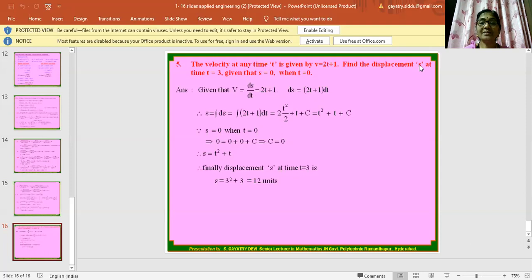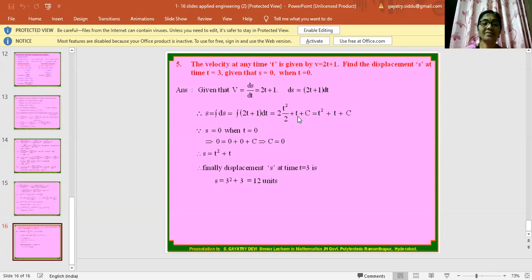You require s, but you have in hand the derivative of s. Because integration is the reverse process of derivatives, you can remove the d by integrating. So capital S equal to integral ds, which is equal to integral 2t plus 1 into dt. 2 into t power 1 plus 1 by 1 plus 1. The constant will come with respect to the variable you are integrating.